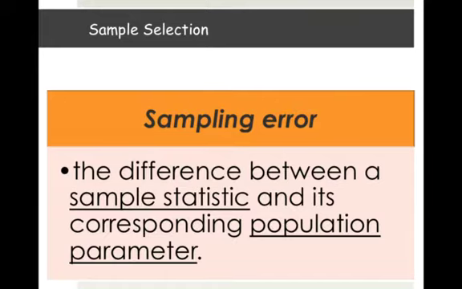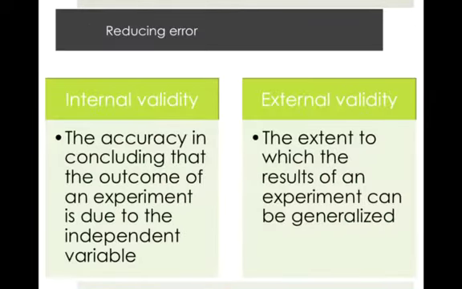Because I can't get data on all 10,000 or 7,000 NIU freshmen, but I can get a sample on maybe 200. So the key then is to try to reduce the error between the sample that you choose and the population that it's supposed to be representing.